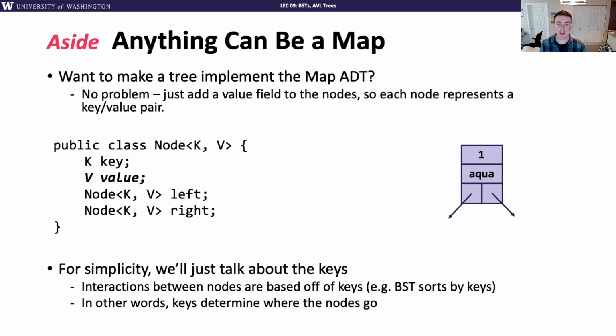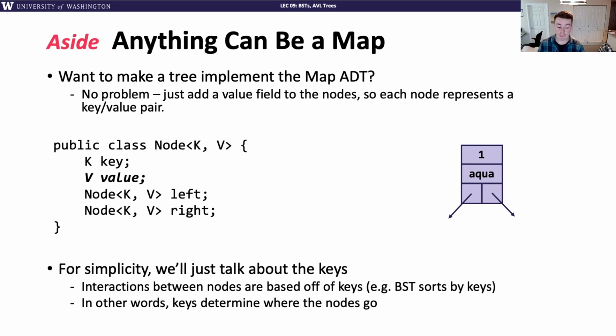Now, one other thing I want to quickly mention, because it's going to get a little confusing in the rest of this lecture. We're going to be talking about these trees in the context of a map ADT, something that maps keys to values. You might be wondering, how can I do this binary search tree property if I have both keys and values to look at?